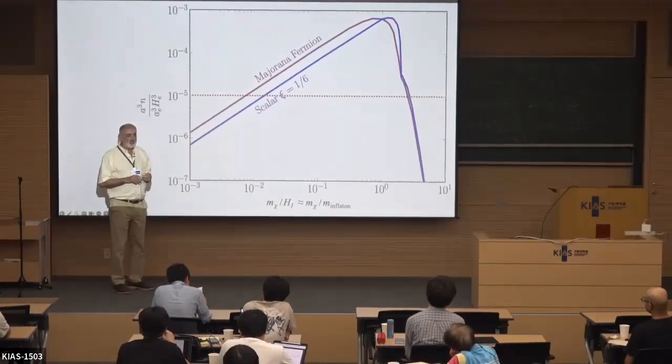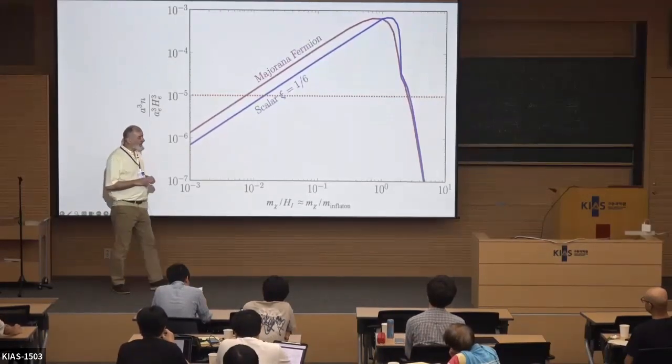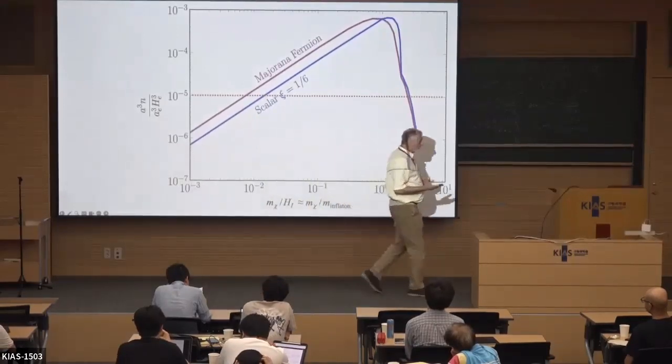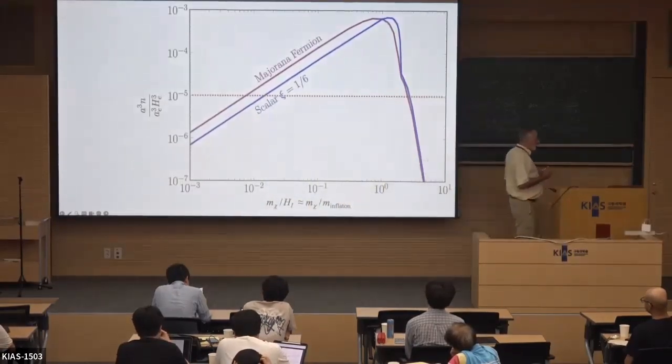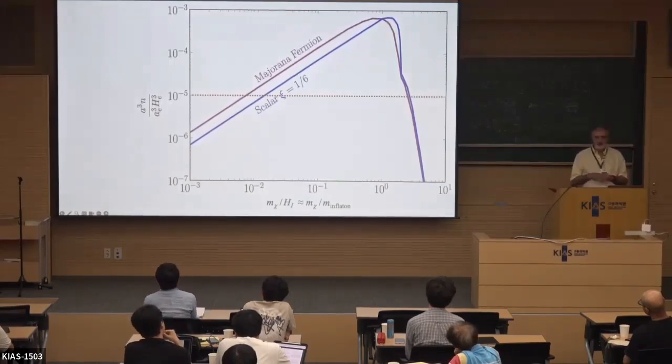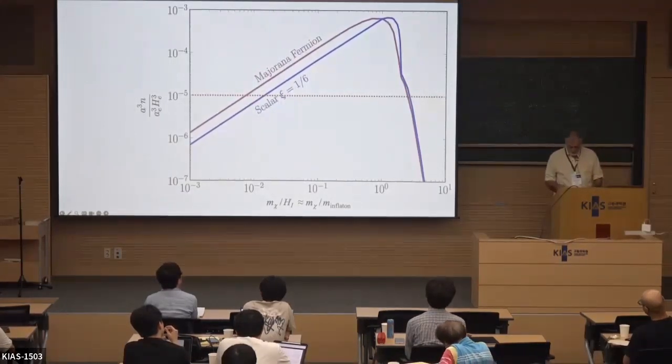And you see it is very similar. So the gravitational production of a Dirac fermion is very well approximated by gravitational production of a conformally coupled scalar. Isn't that a miracle? Well, maybe it's not a miracle. And again, it just traces back to the Dirac fermion being conformally coupled.